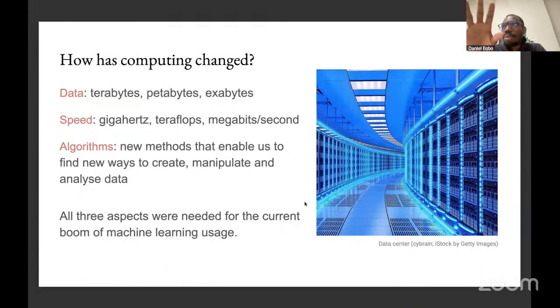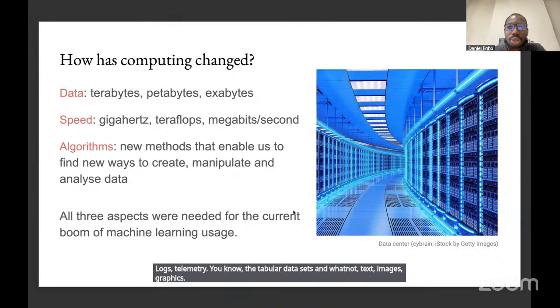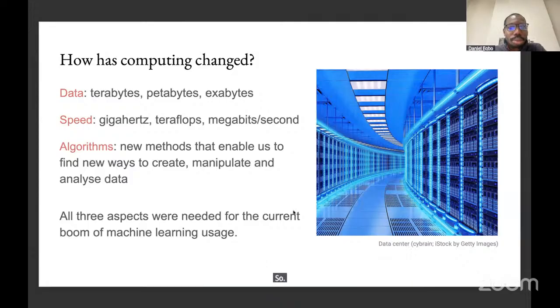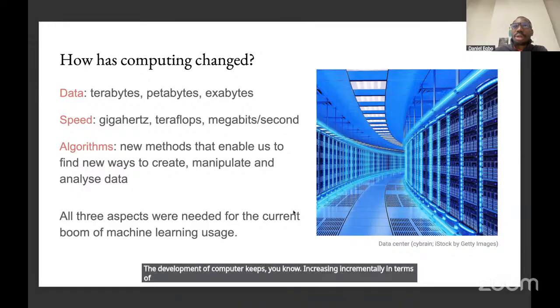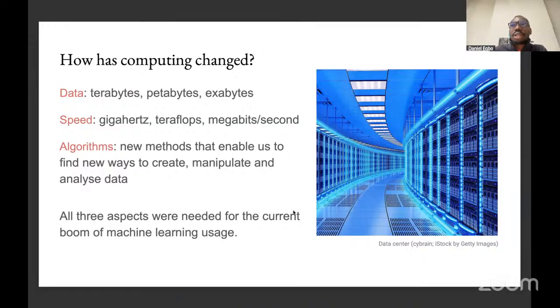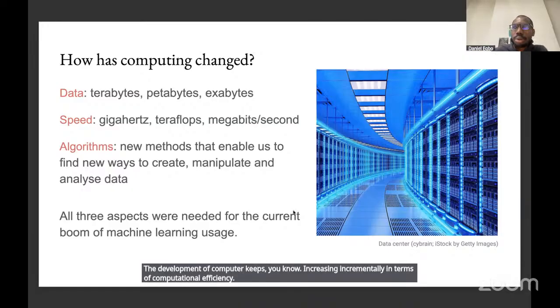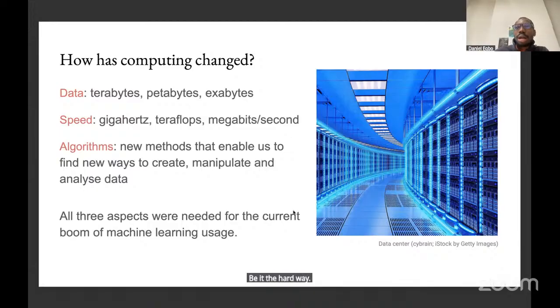logs, telemetry, tabular data sets and whatnot, text, images, graphics. And over the years, the development of computers keeps increasing incrementally in terms of computational efficiency, be it the hardware, the processing RAM, or the storage infrastructure.